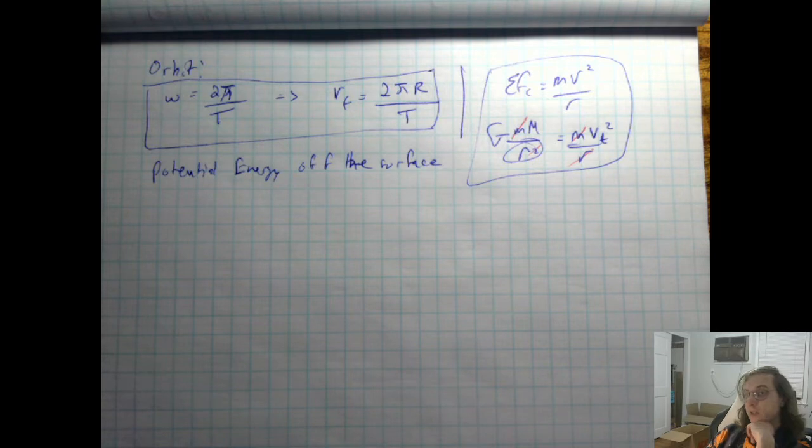So picking that as your location where you have no potential energy doesn't work. Instead, we need to pick another arbitrary point to have a location of 0. You could theoretically pick anywhere, but the only thing that makes sense consistently, if we're looking for one consistent equation that just works, is to pick another point that's always going to be available. And that's a location that's infinitely far away.